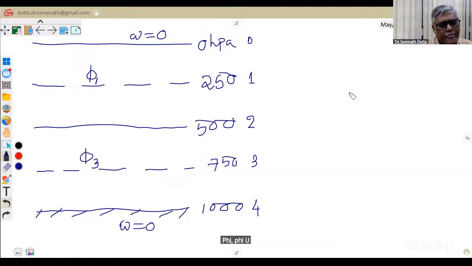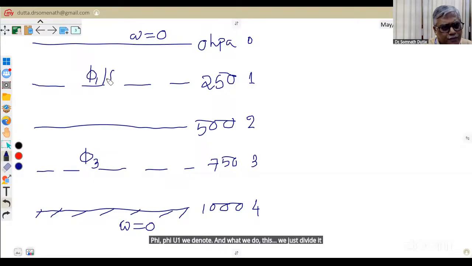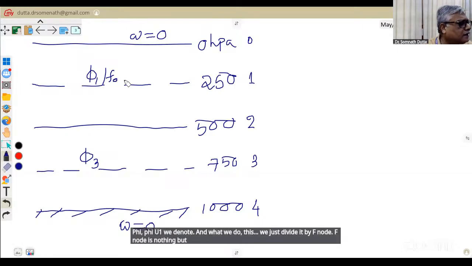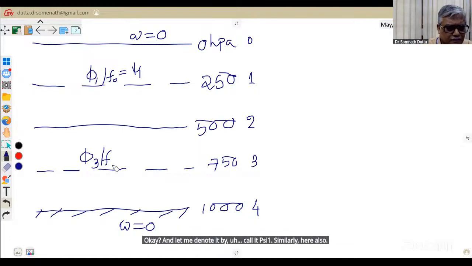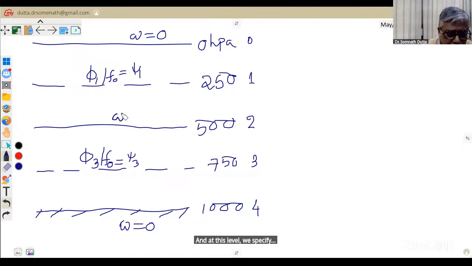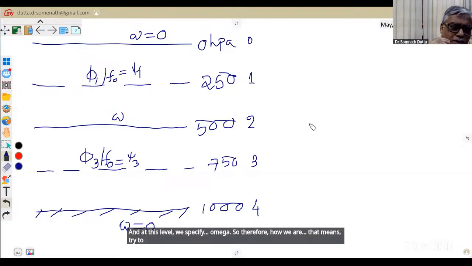And what we do, this we divide by f0. F0 is nothing but the Coriolis parameter for the reference latitude. Okay, and let me call it psi 1. Similarly here also we divide by f0, we call it psi 3 at this level, and at this level we specify omega. So try to see, we are not specifying all the fields at every level.